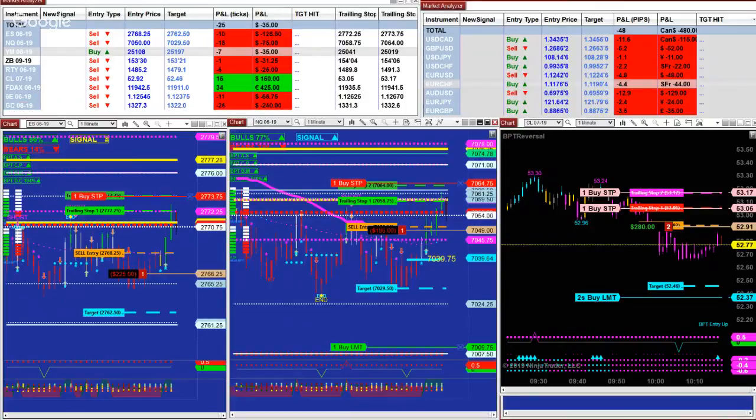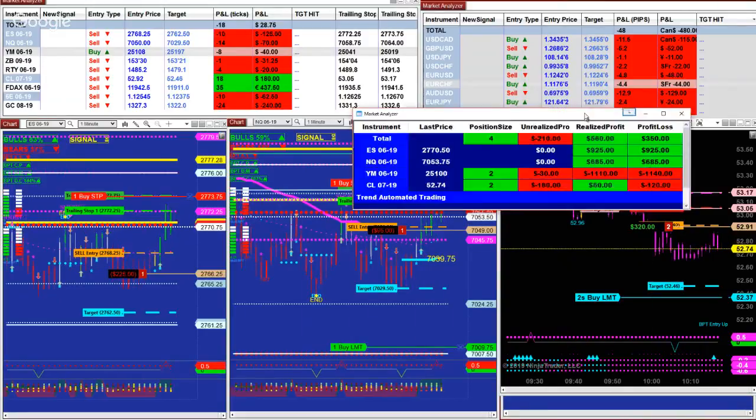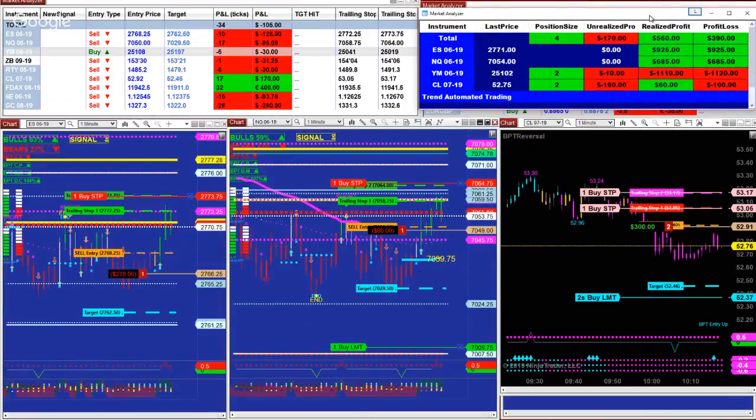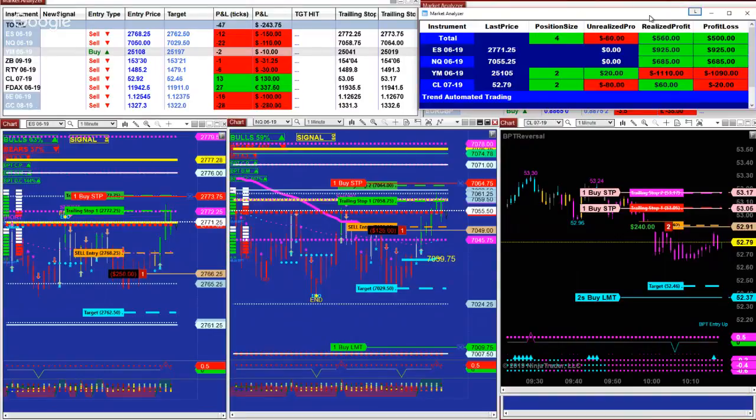Let me show you something. This is our scalper, and even today, the scalper got hit with the YM and it did well earlier on the ES. Nasdaq got beat up on the YM, and on the CL it is like a break even.